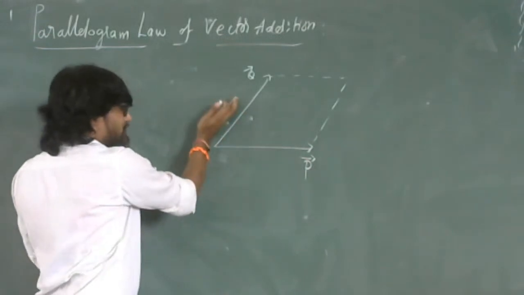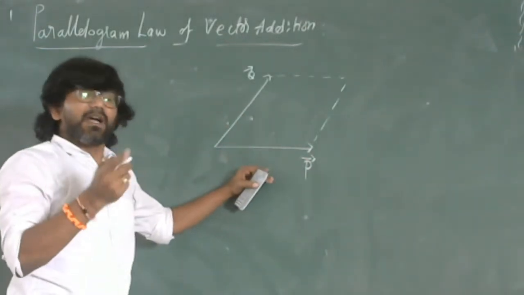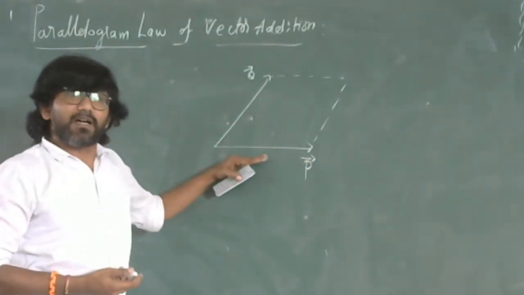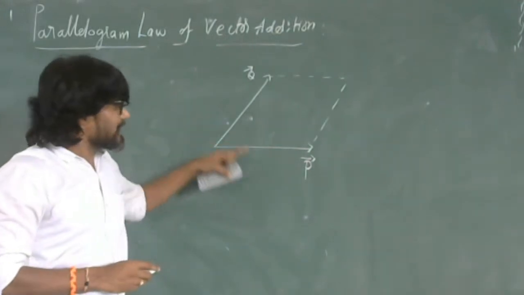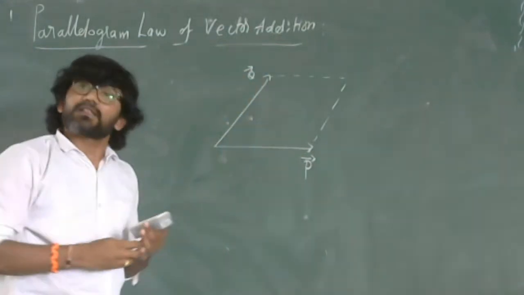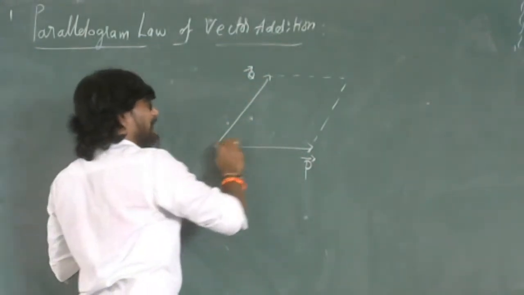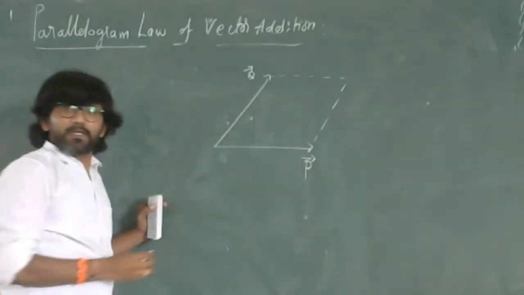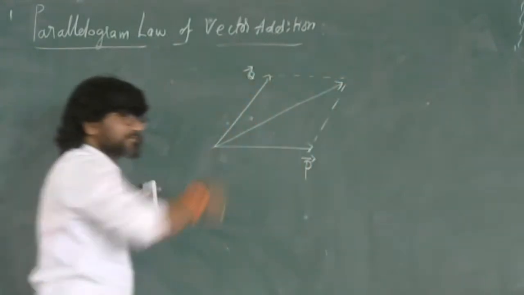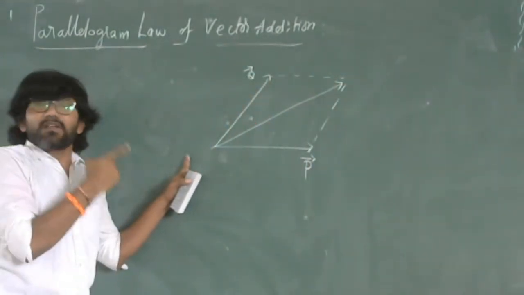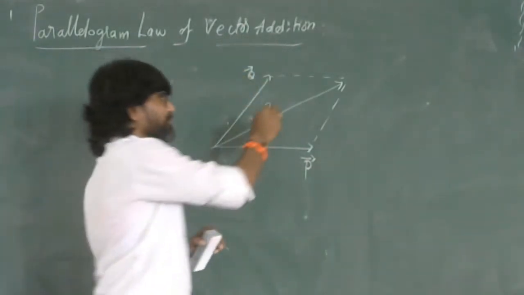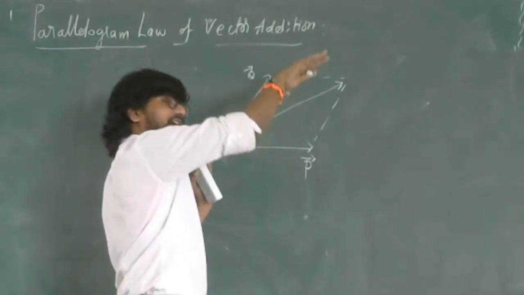If two adjacent sides of a parallelogram are represented by two concurrent vectors, both in magnitude and direction, then the diagonal, this is one diagonal, this is another diagonal of a parallelogram, the diagonal passing through the common origin will give you the resultant of these two vectors, both in magnitude and direction.